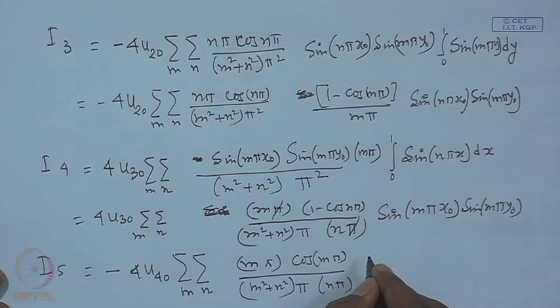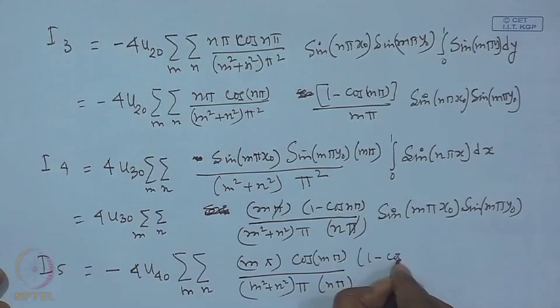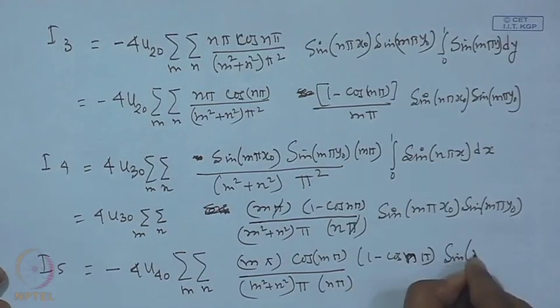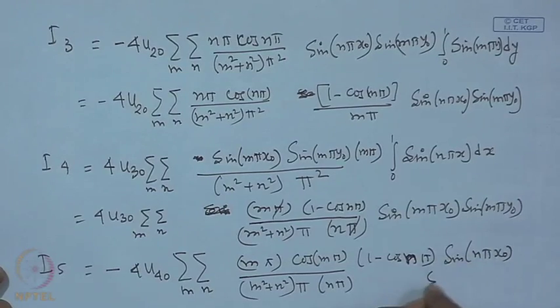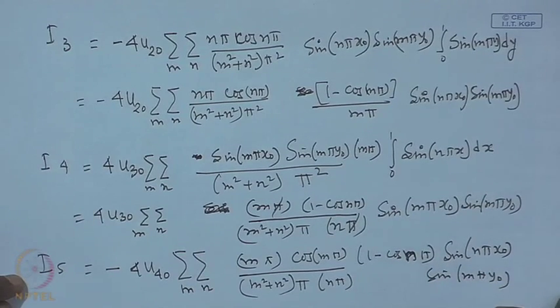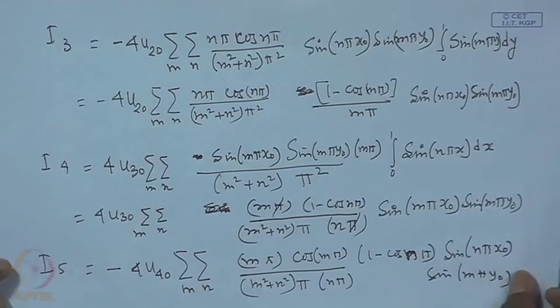So, it will be 1 minus cosine n pi, 1 minus cosine m pi, n pi, multiplied by sin n pi x naught sin m pi y naught. So, therefore, we can add all these contributions up and we will get the complete solution.